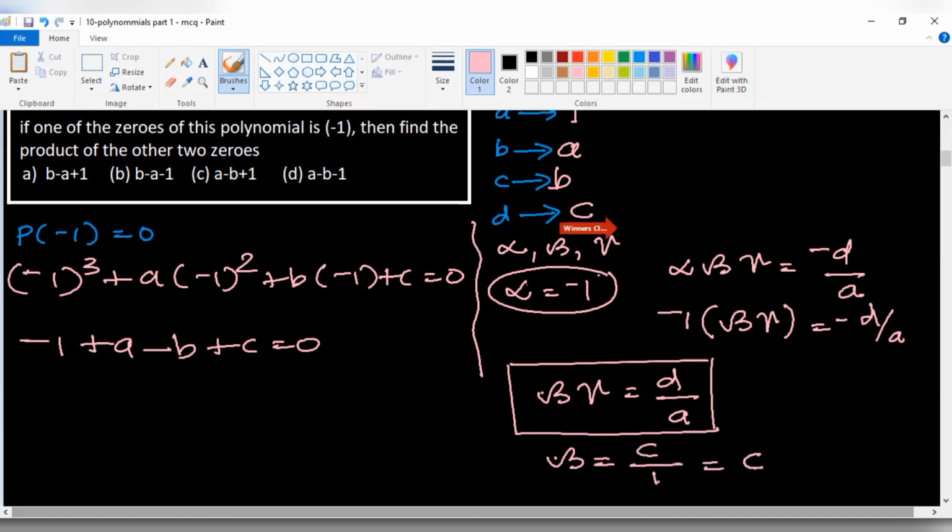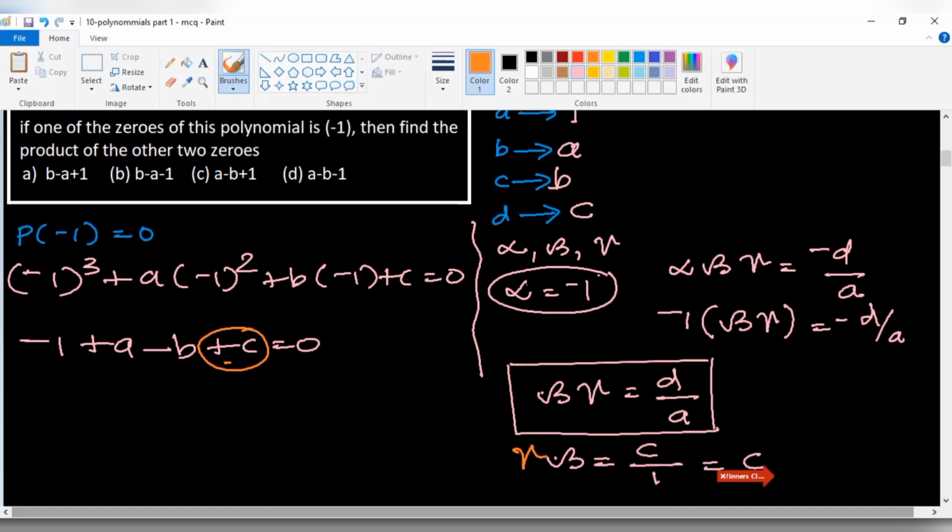So actually, we have to find the value of C in terms of A, B. So here, we will keep A, B on one side and C on the other side. We need actually C. Beta gamma is actually C itself.